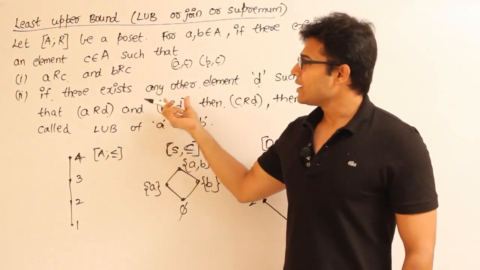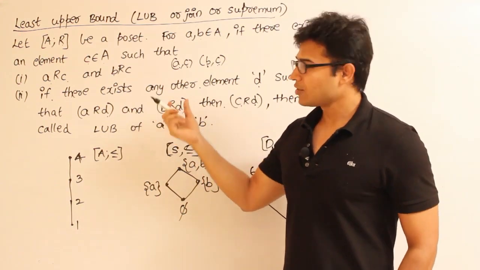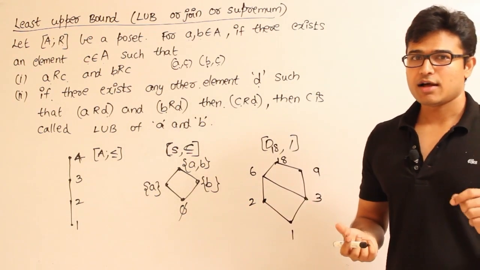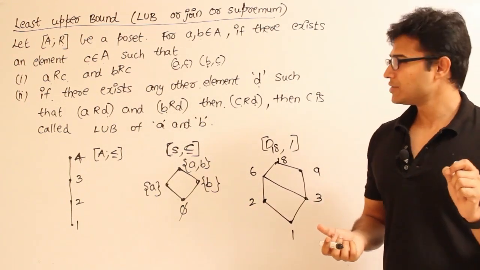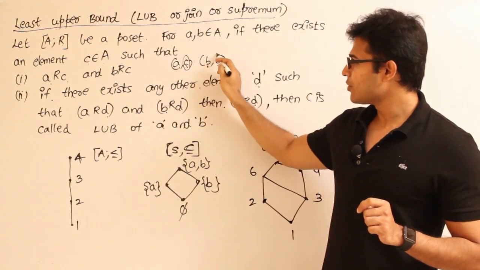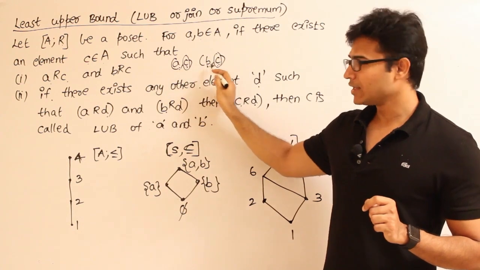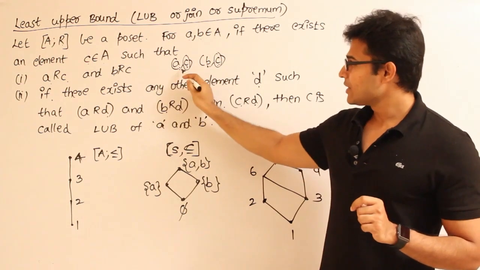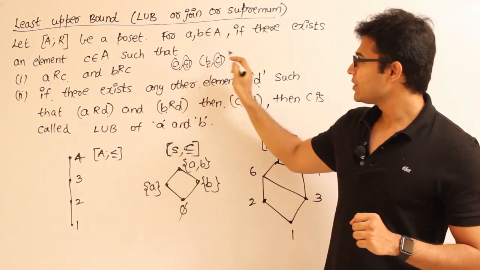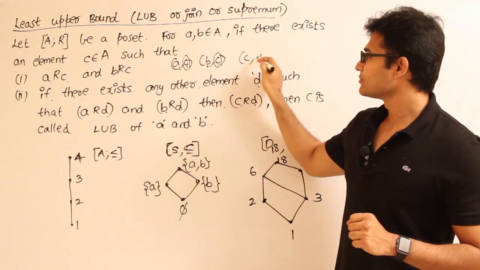So an element which satisfies these properties is going to be the least upper bound. What you should catch here is, first of all, if an element has to become the least upper bound, it should definitely be related to both the elements, and in case some other element is also related to both of them, then this element should be related to that.